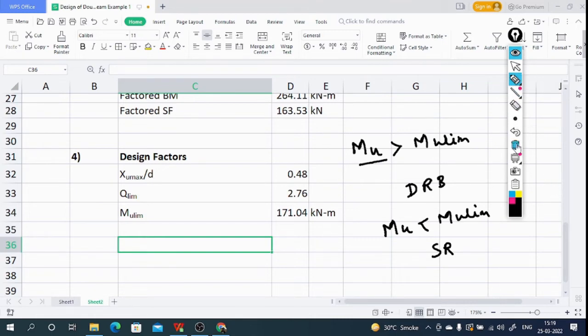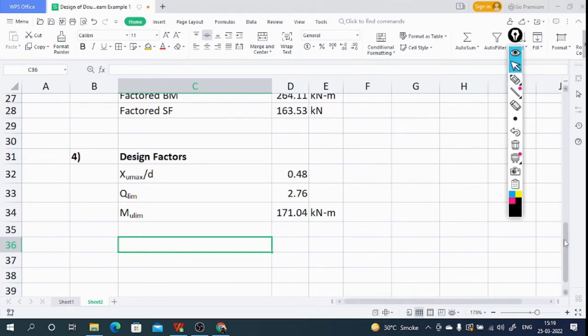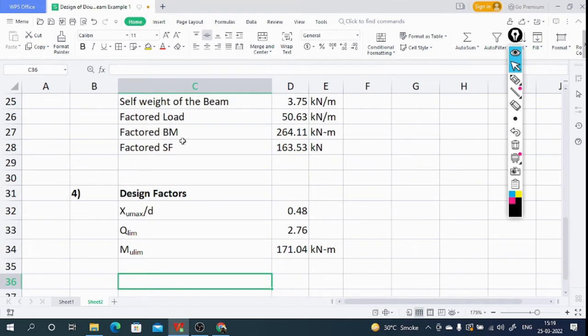And you see MU is given here. Here we can easily see MU is factored bending moment. MU is greater than MULIM. Okay, so here we have to go for doubly reinforced beam design, but we need to see how to write the conditional statement in Excel. It can happen that MU shall be less than MU lim, then there has to be some statement indicating we have to go for singly reinforced beam design.